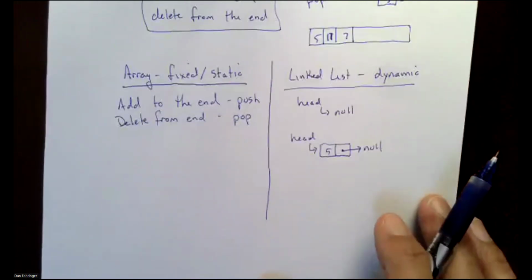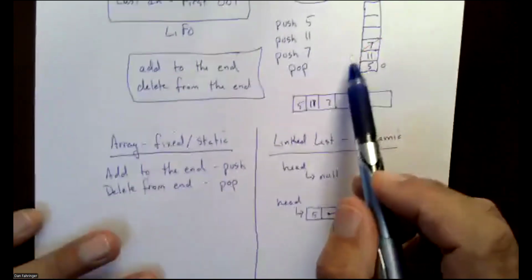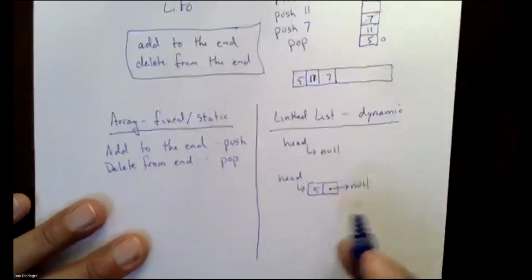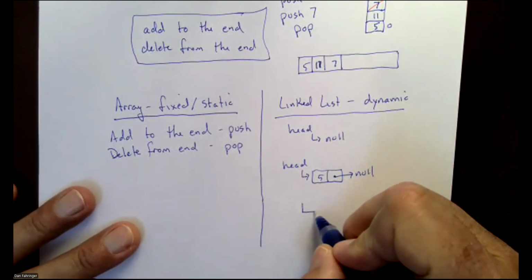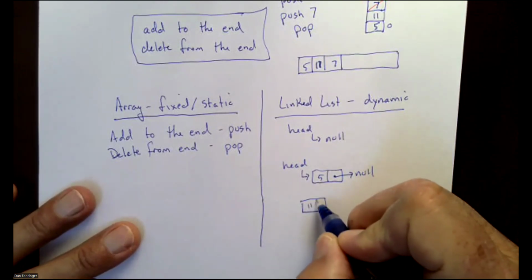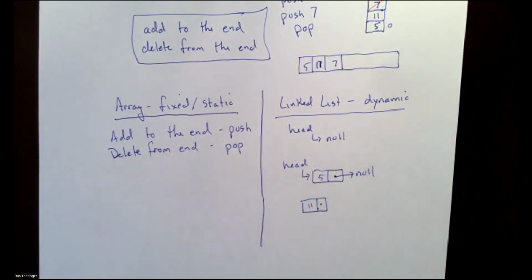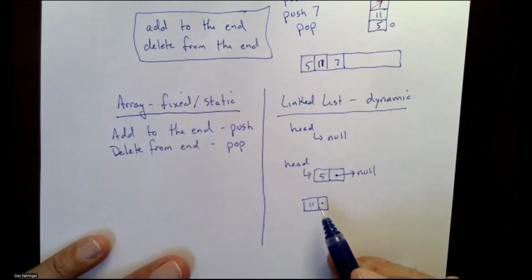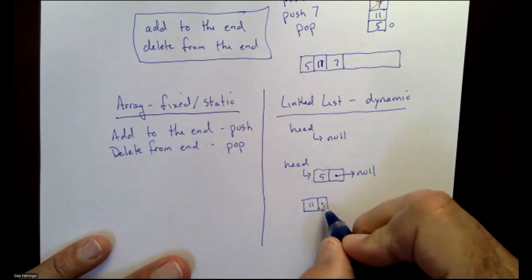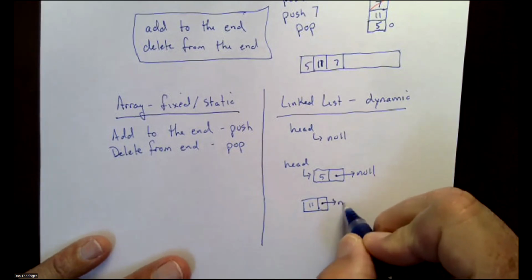So for this, when I get ready and I push the 11, I'm now going to insert it here. So I'm going to create that new node, 11. Oh, wait, I'm building an algorithm here because I'm drawing the picture. This is cool. When I get that new node, then I'm going to say this guy gets the value of this pointer, which right now is at null.